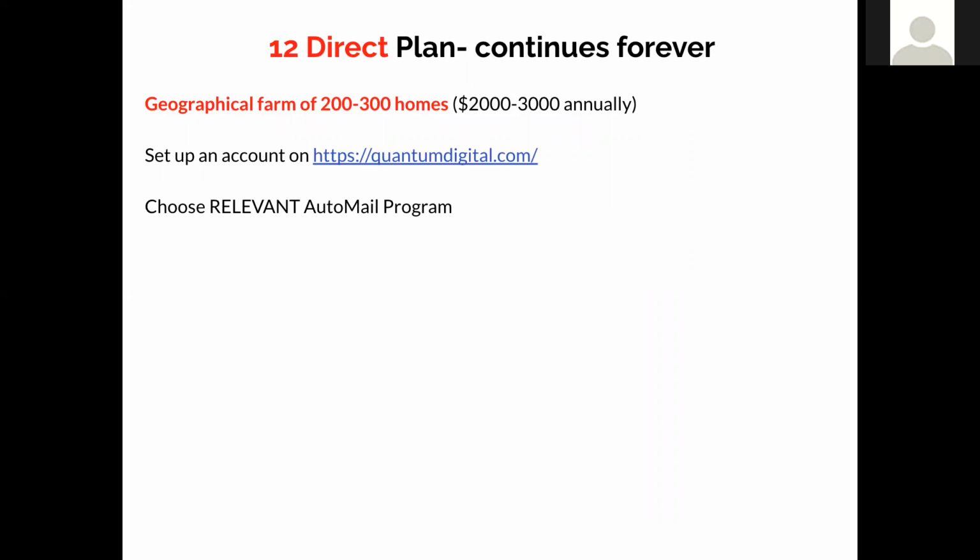When you go to Quantum Digital or Command or whatever the auto mailing program is, you need to make sure that you're picking a relevant program. You want this to be information that your customers and clients need, not just soft touches, not just recipe cards or something like that, right? It's got to be real estate based.